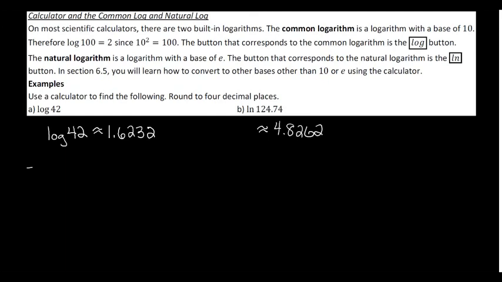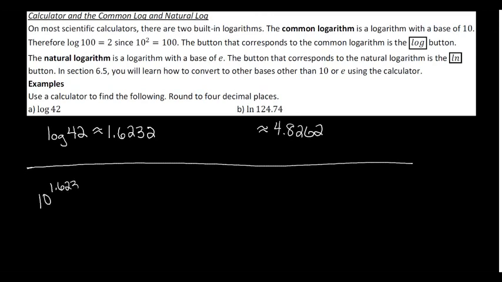Now, what do these numbers represent? So if we look at A, that says that 10 to the 1.6232 should be about equal to 42. If I get the exact 10 raised to the power of 1.6232, that's actually equal to 41.9952. We did round the 1.6232, so those are about equal.